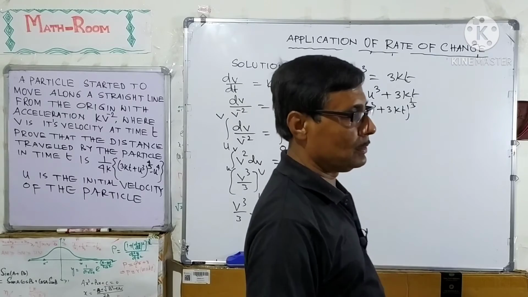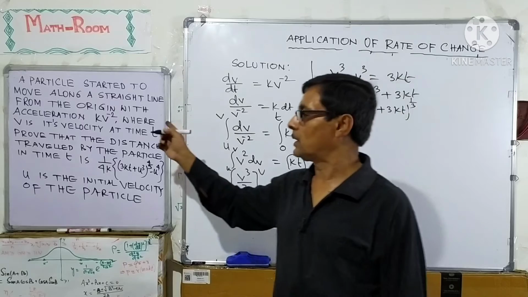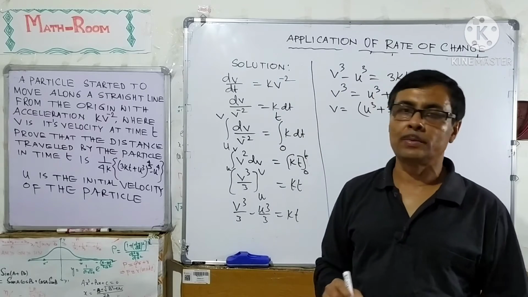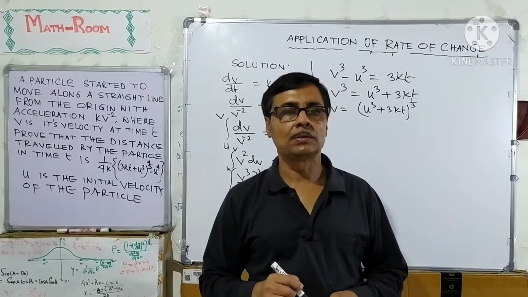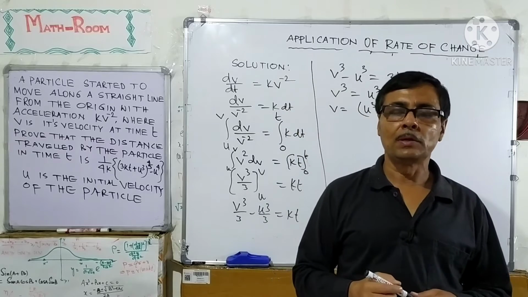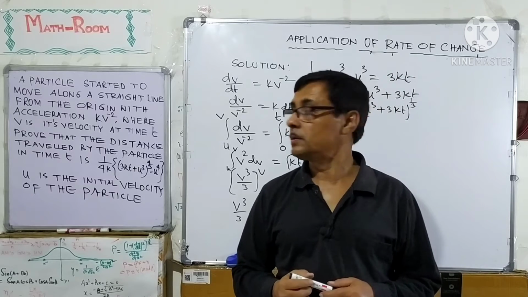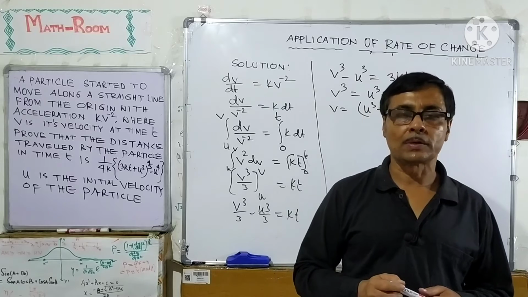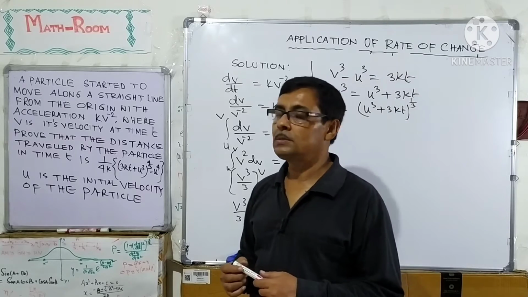Also, v is the velocity at time t, and what is velocity? Velocity is the rate of increase of displacement of the particle with respect to time t.